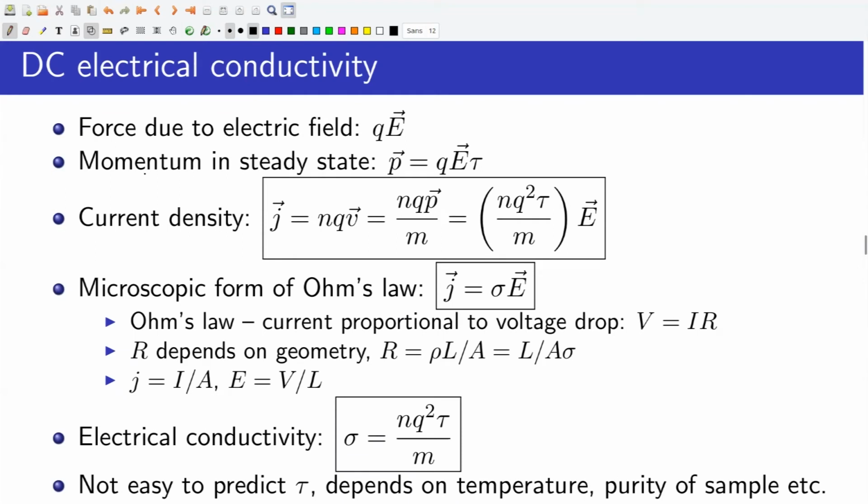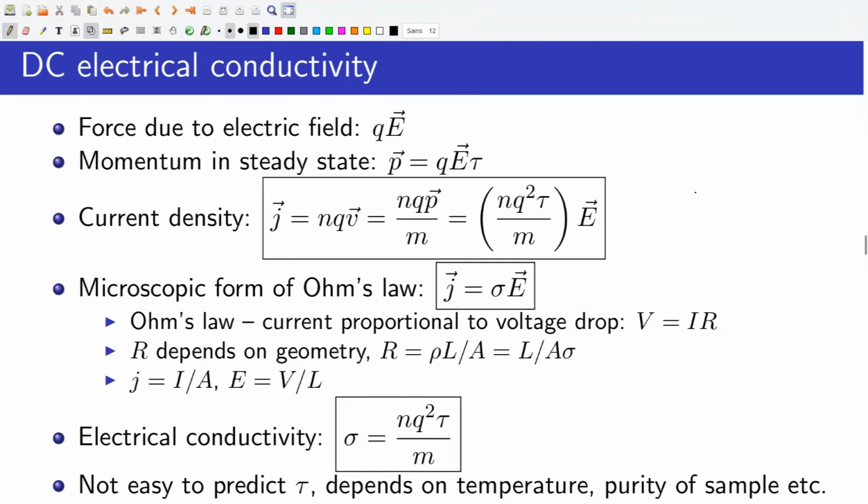Let us now discuss DC electrical conductivity. We know that if we apply some electric field, this is the force on the electrons, where Q is the charge of the electron. Momentum in steady state is given by force times tau, where tau is the relaxation time. Now we can define current density. J equals NQ times v.